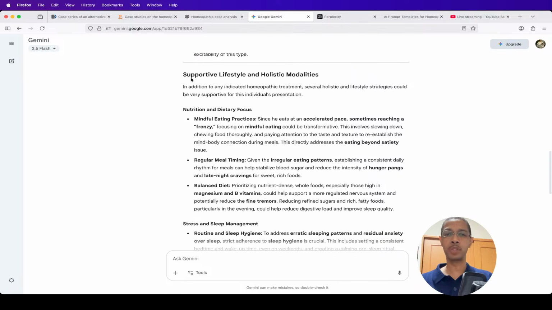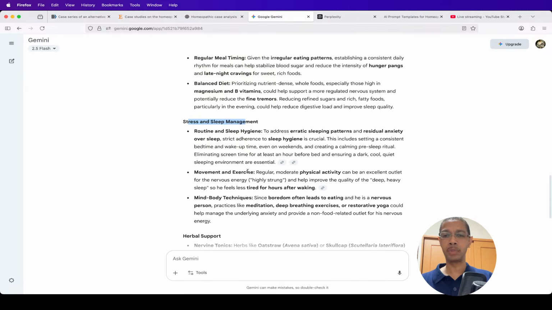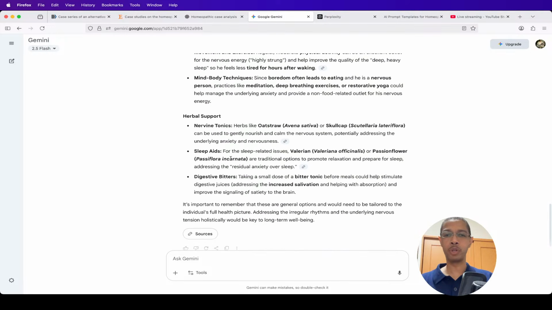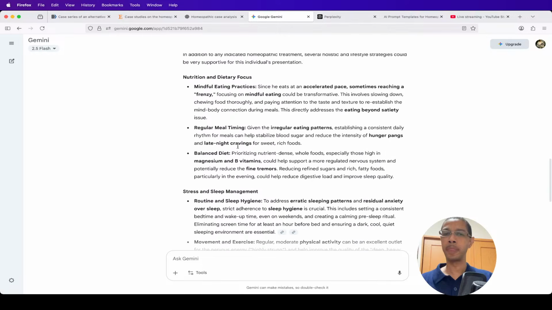And then some supportive lifestyle, holistic modalities, mindful eating like the other ones, stress and sleep management. So it's recommending some yoga, some physical activities, some nerve support, herb support, valerian, passion flower, stuff for digestion. So you can see what kind of information you get.